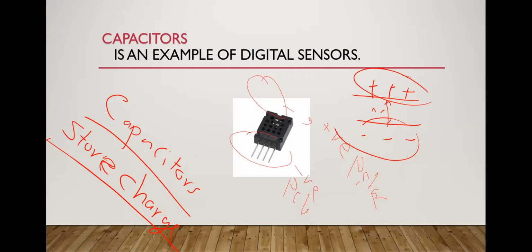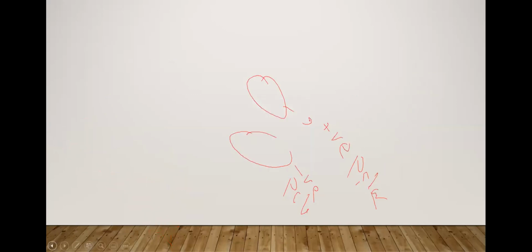So, induced charges again, okay? Think like if you have a bin, and this bin is made from plastic or anything like that, okay? This bin basically has no charge, okay?